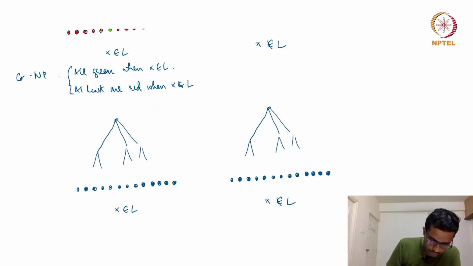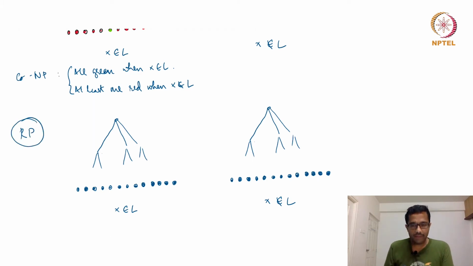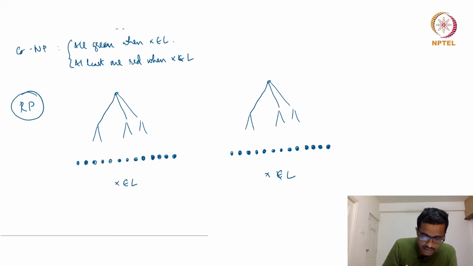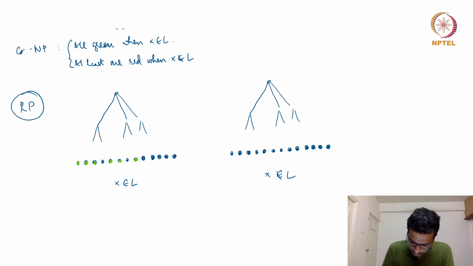Now, let us move to RP. In the case of RP, when X is in the language, at least half the paths should accept. It need not be contiguous, but around half is now green, and the rest could be red when X is in the language.